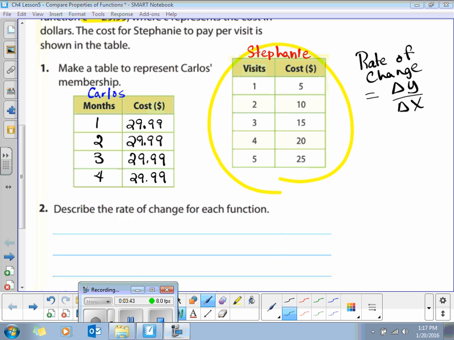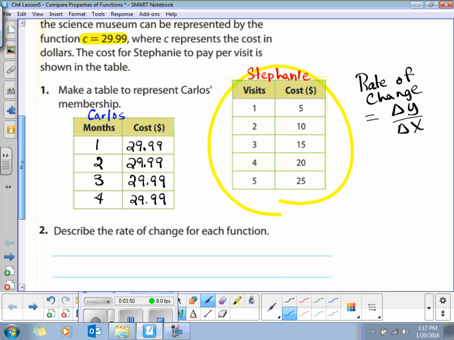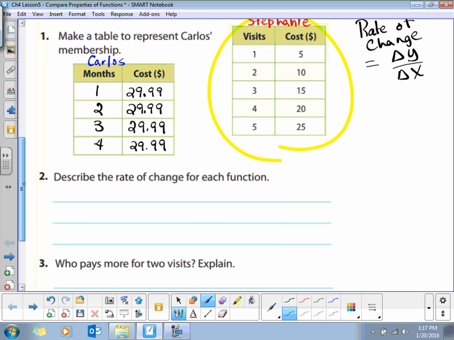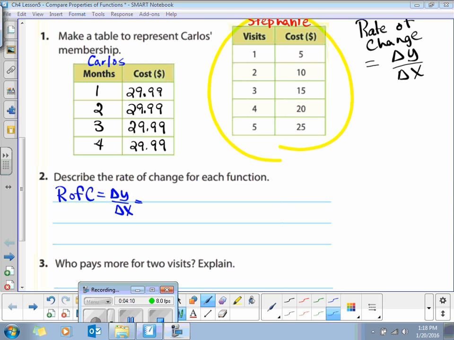All right, so if I wanted to describe the rate of change for each function, for Carlos, the delta y over the delta x, how do I find the change? How do I find how much something changes? So to find the deltas, we're going to subtract.